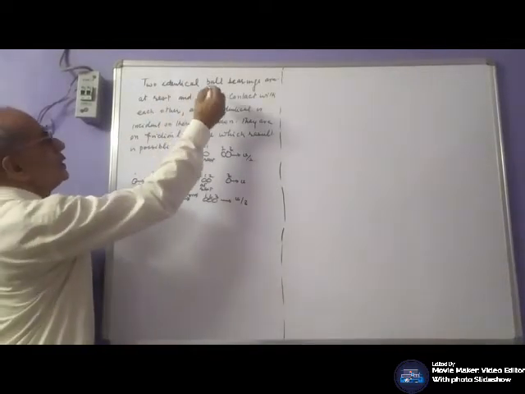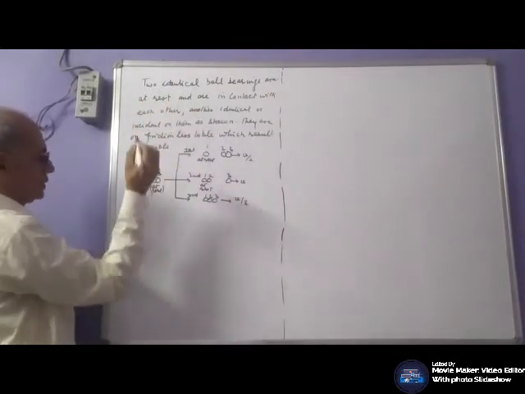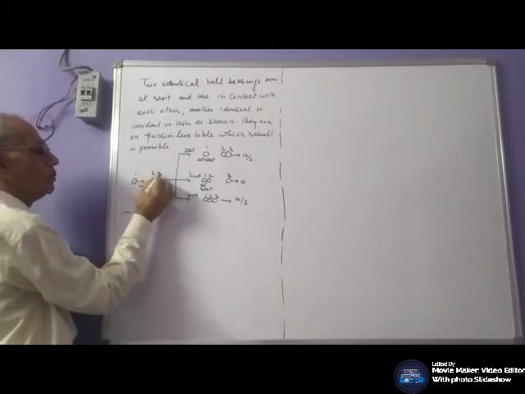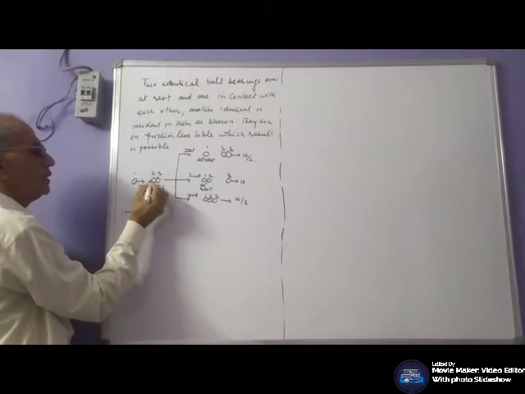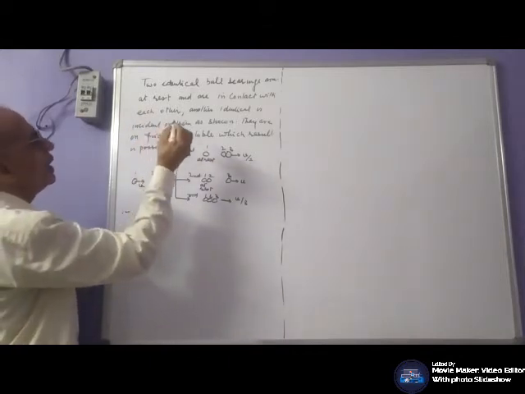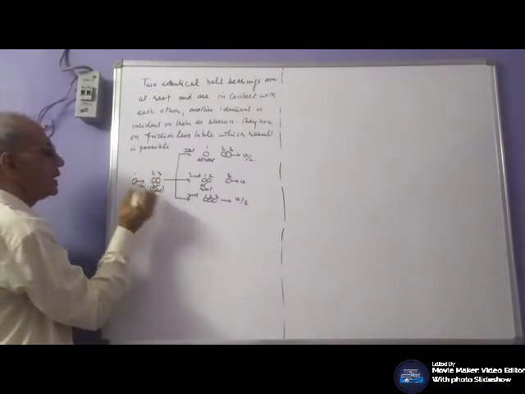Two identical ball bearings are at rest. Two balls, identical, means mass is the same, are at rest and are in contact with each other.